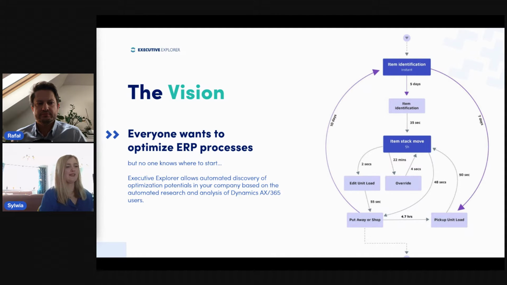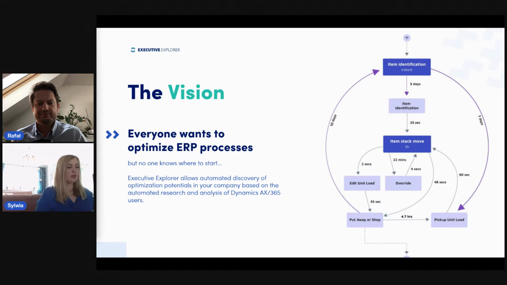To answer all these questions, we've created a solution, our Executive Explorer. It allows you to discover optimization potential automatically in your organization, and it is based on automated research and analysis of the users of your Dynamics 365 or AX.